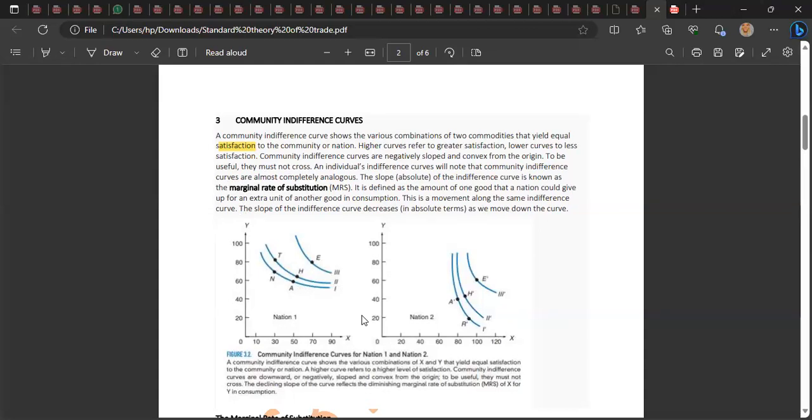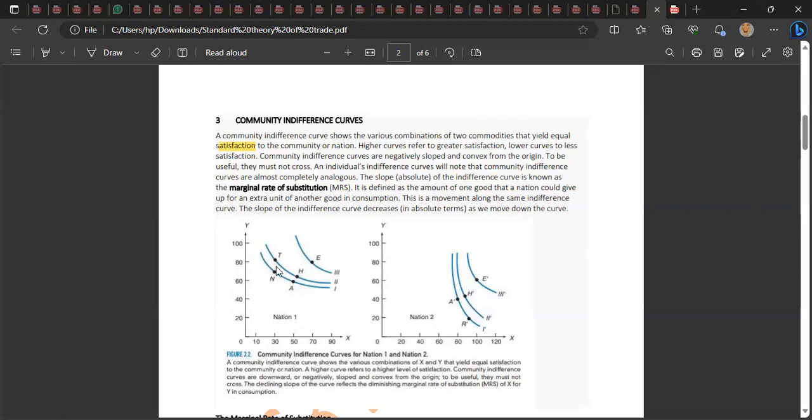So as you are moving down the indifference curve, you are consuming more of X, and it means you are consuming less of Y. If you're moving up, then you are consuming less of X and more of Y. That's the sacrifice, referred to as the marginal rate of substitution, which is more of opportunity cost, where you need to give up certain units of Y in order to get more of X.